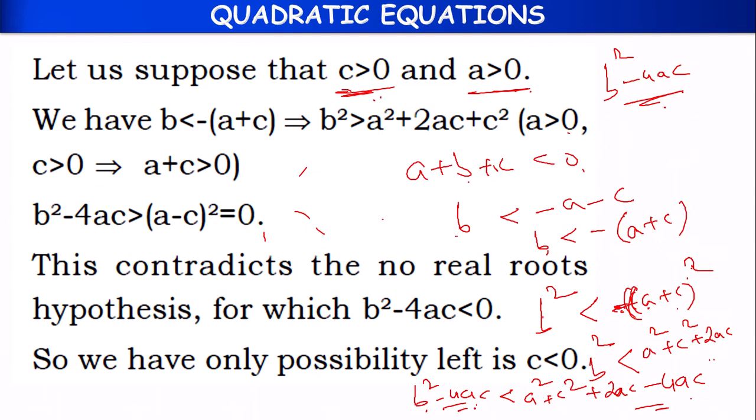So the left hand side will be B square minus 4AC, the right hand side A square plus C square plus 2AC minus 4AC, which is equal to A minus C whole square. So B square minus 4AC, sorry, here the symbol changes.